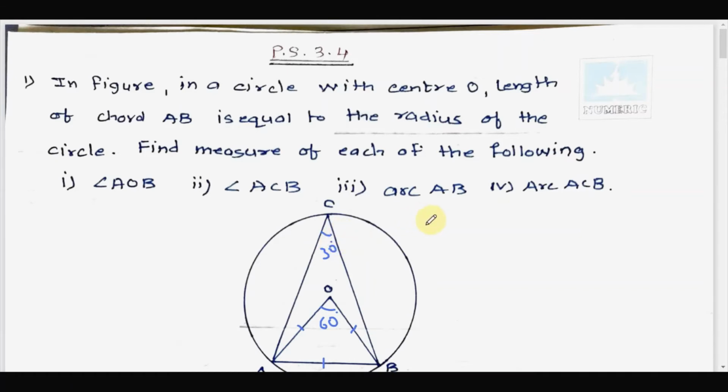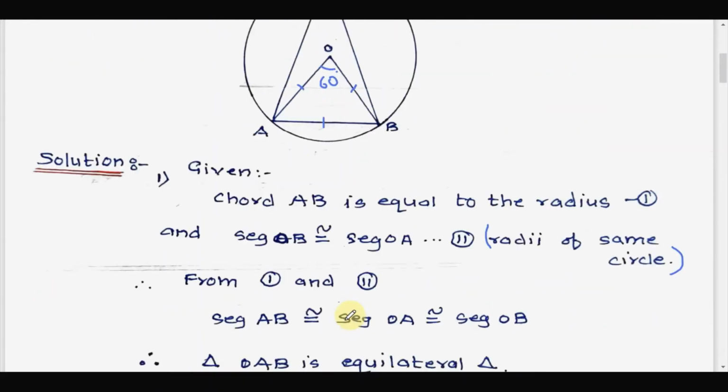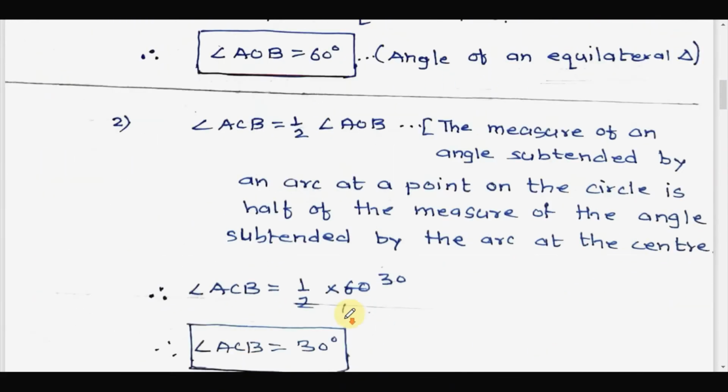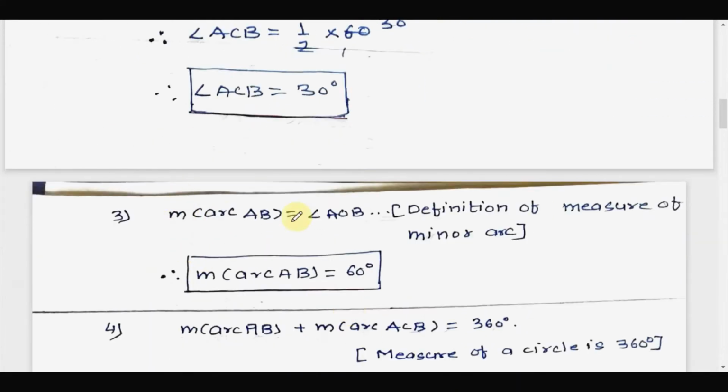Alright, now let's go to the arc AB. Understand, where is arc AB? This is arc AB. You want to find the measure of arc AB. Now let us see how to solve it. If you remember, the measure of arc AB is equal to angle AOB. You know the central angle, correct or not?